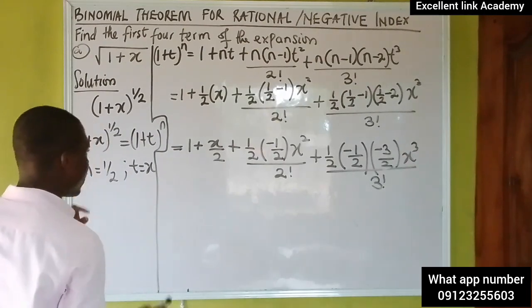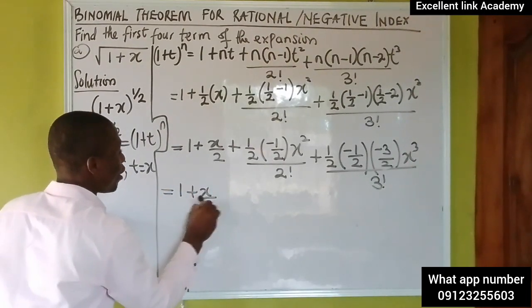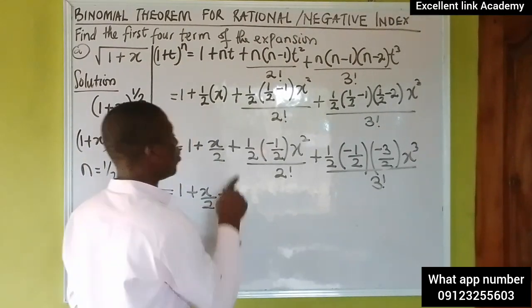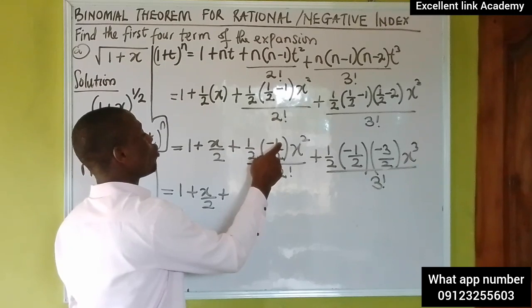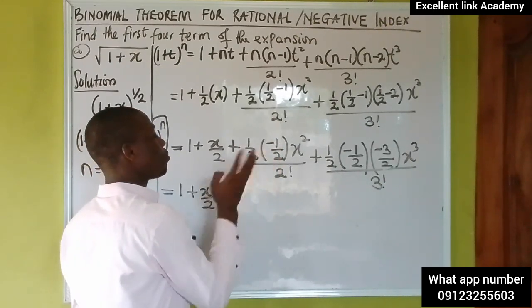Now at this stage, if I simplify, I'll be having 1 plus x over 2 plus, here's the idea please. 1 multiplied by minus 1 is minus 1. 2 times 2 becomes 4.